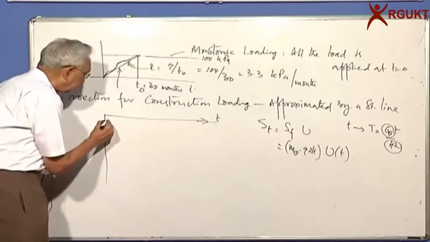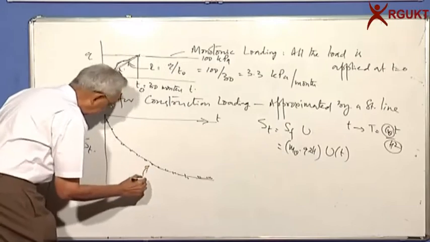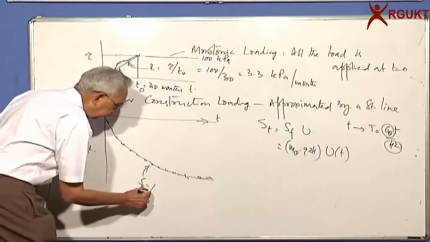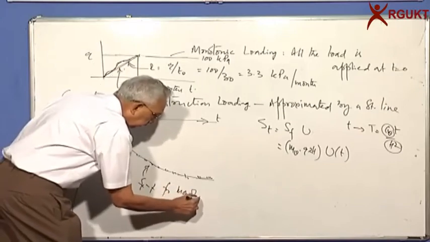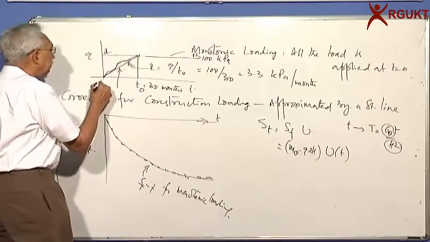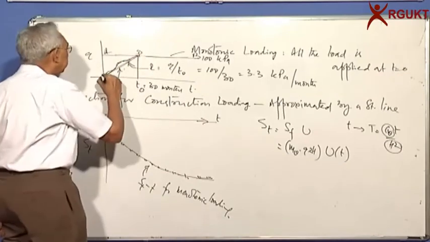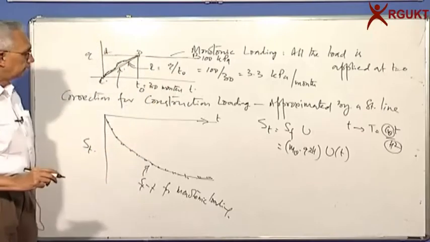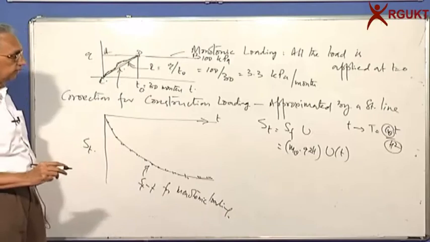Assuming the load is applied, this is settlement with t for monotonic loading, corresponding to AB. Whereas you would like to know for CDB, which is increasing gradually. This is assuming as if the load is applied at t equal to 0.